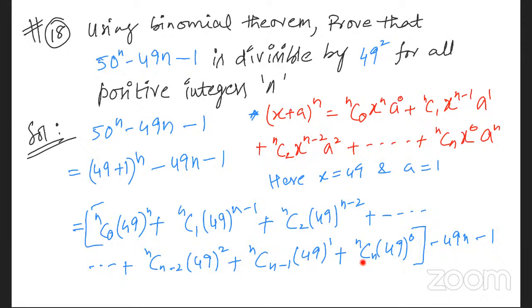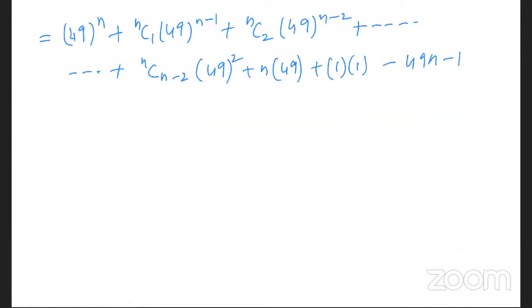And if you look at this term, nC(n minus 1), we can use the formula nC(n minus 1) is equals to nC(n minus of n minus 1), which is equals to nC1, which is nothing but n itself.